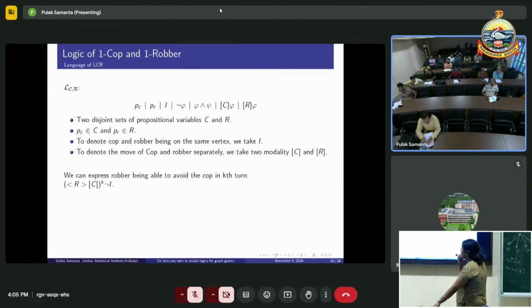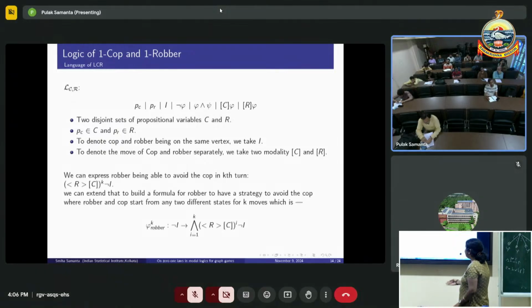In this formula we can see that for any move of the robber, for all moves of the cop in k turns, after k turns of the robber and after k turns of the cop, there is negation I. That means they are not in the same vertex. So the robber can avoid the cop in the kth turn.